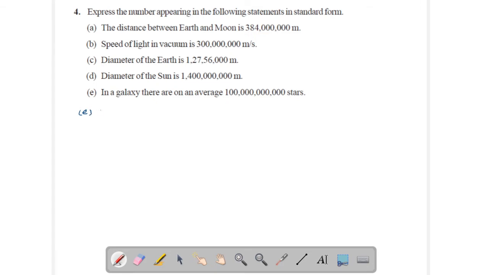In a galaxy, there are on an average 100,000,000,000 stars.